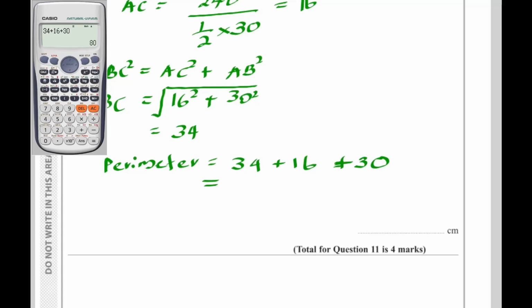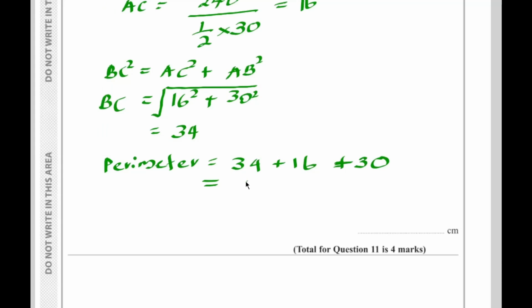It is 80. So the answer is 80 centimeters.